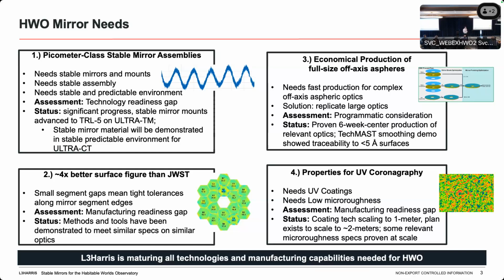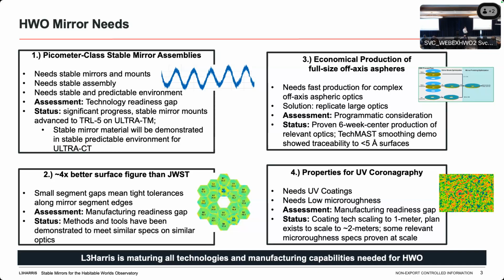So very exciting results that show we're within striking distance of what's needed for habitable worlds. We've also been advancing some stable mirror mounts and advancing technology readiness levels for those on the Ultra TM project. And we're continuing to do more work on the next phase of Ultra CT.